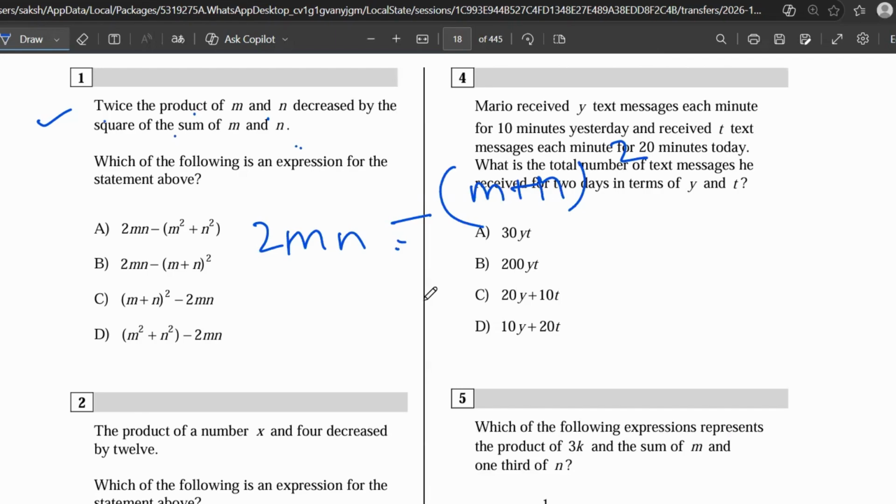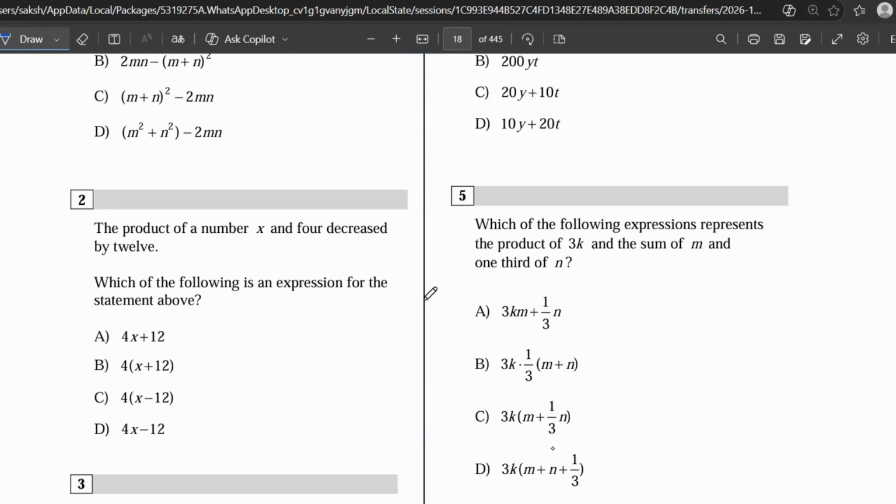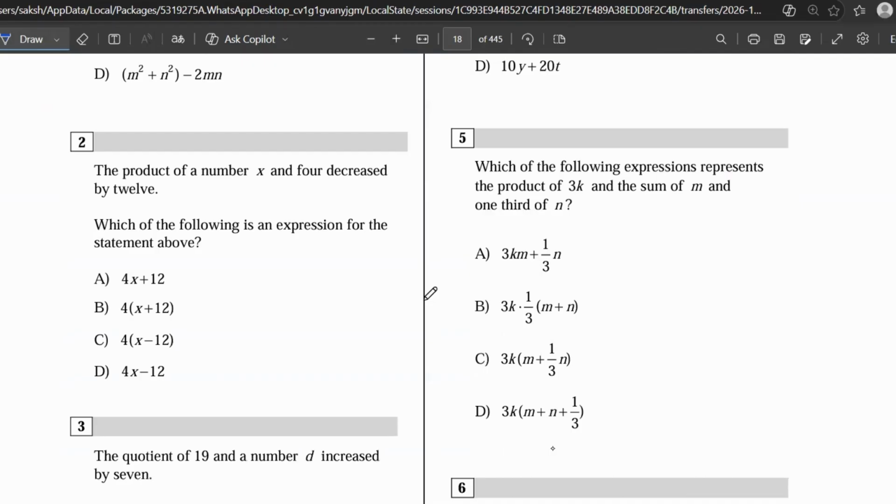Okay. Similarly, for the second one, who is going to tell me? D. The product of a number x and 4 decreased by 12. Can I write 4x minus 12? Why shouldn't it be the first one?